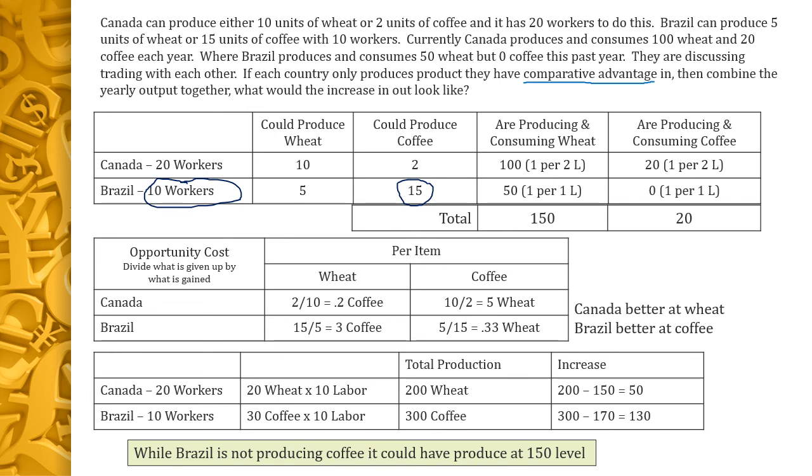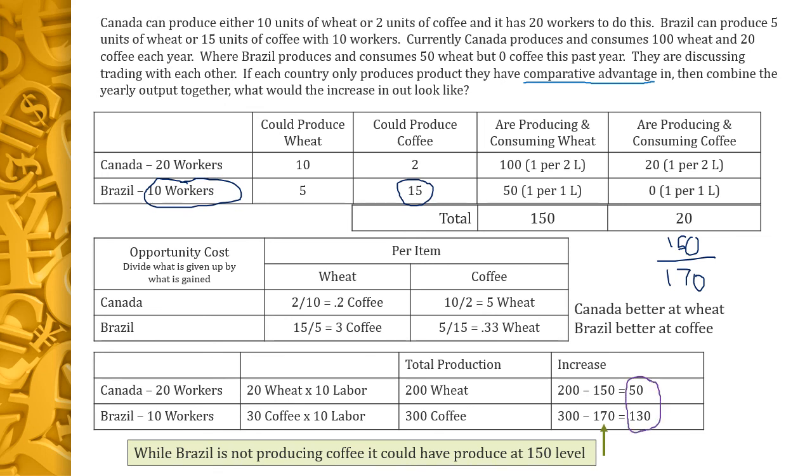And if we had added 150 over here, we would have 170. And so just like we had for wheat, we'd have that. And so that's where the 130 is. So this would be the answer to the problem.